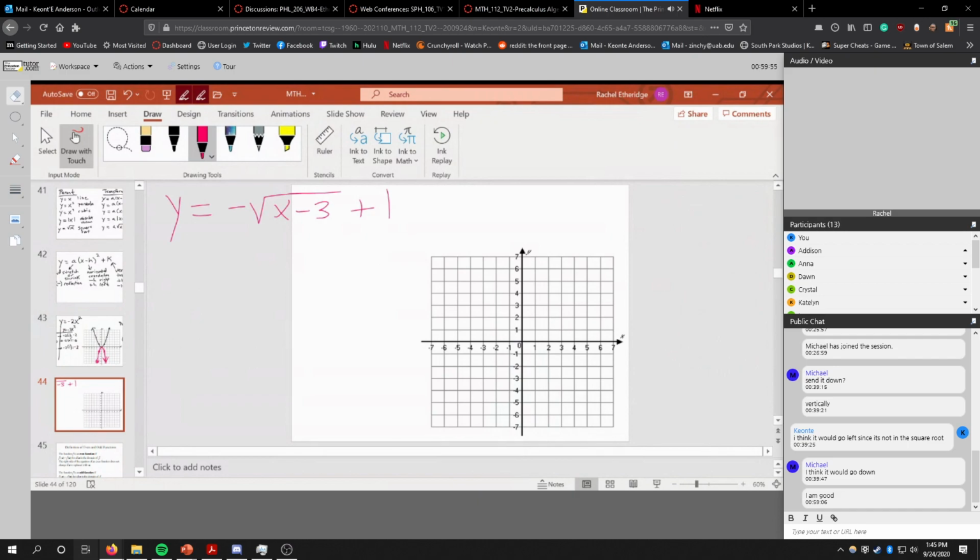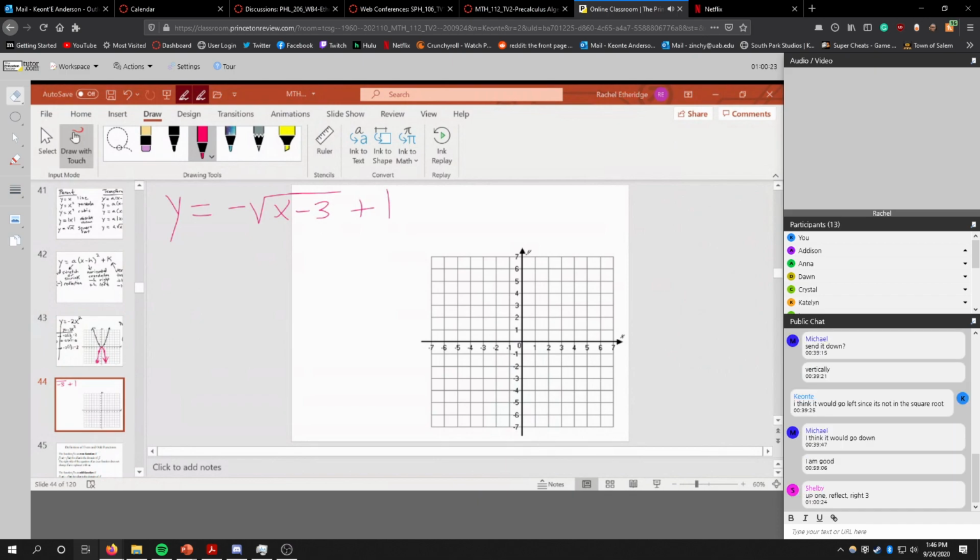Like if you see a vertical translation, you can just say up or down, whatever. If you see a horizontal translation, you can tell me left or right, whatever. So from that, we see a square root. So our parent graph is going to be the square root. What transformations do you see by looking at that? Anybody? Or everybody? Everybody can respond.